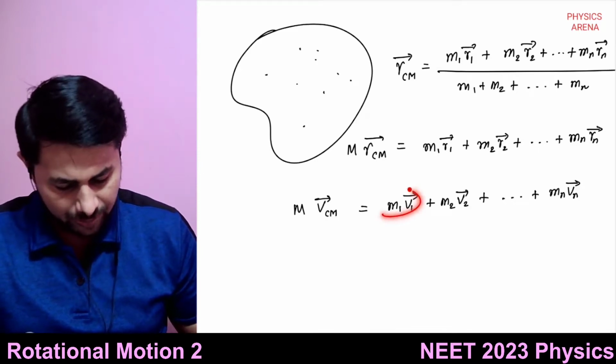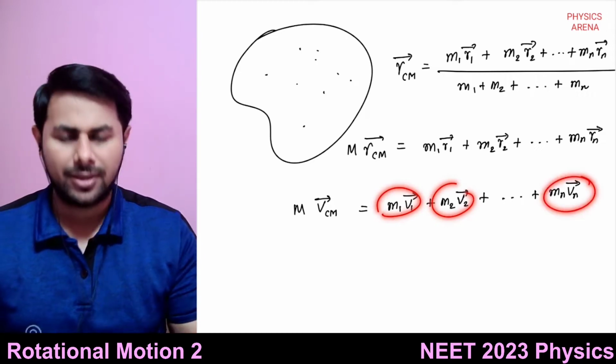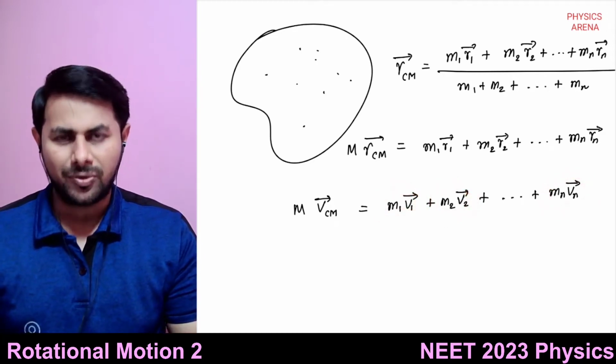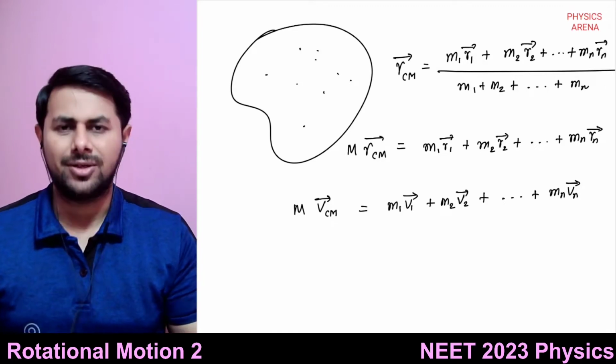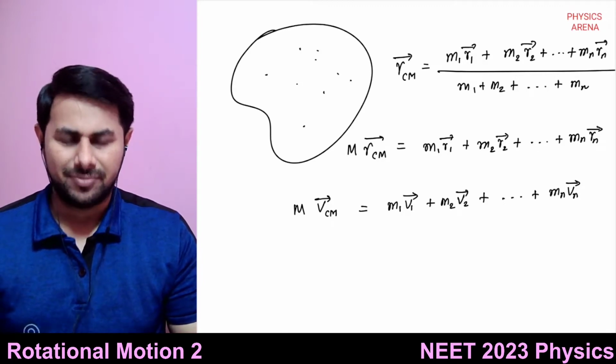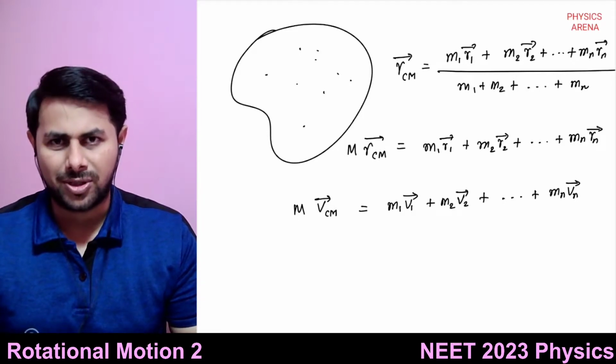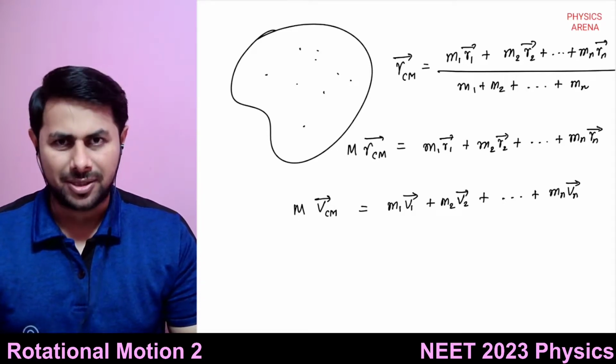So if you add the momentum of all particles of the body, you get the mass of the body multiplied by the velocity of the center of mass, as if the total mass of the body is concentrated at the center of mass.